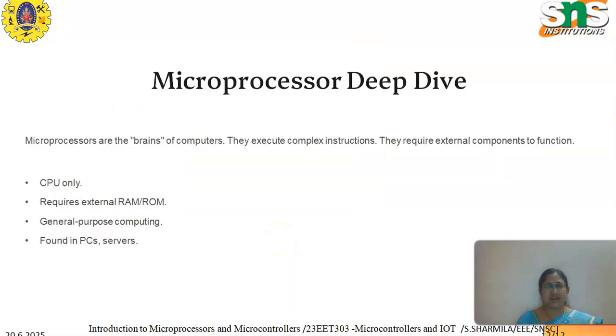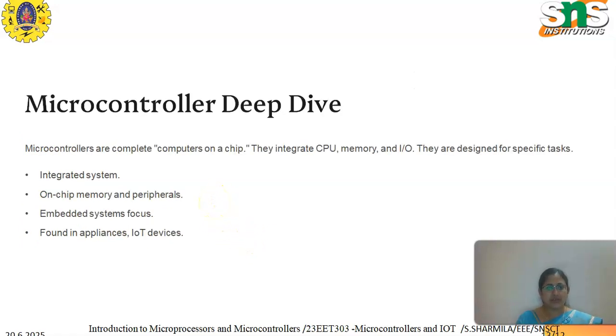And from this we can come to a deep dive. A microprocessor, we call the brain of computers, and it executes complex instructions and also requires external components to function, that is CPU, RAM, ROM in PCs and servers. If we come to the microcontroller deep dive, it is a computer on a chip.